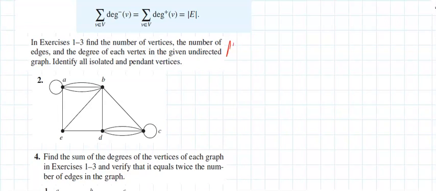So let's get this to work. This is on page 699. It says, find the number of vertices. Well, how many vertices do we have in this diagram? We have A, B, C, D, E. We have 5 vertices.